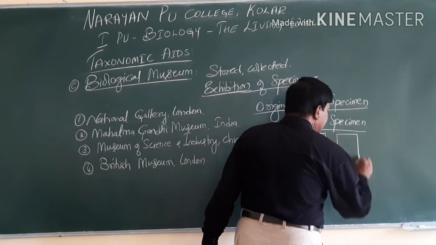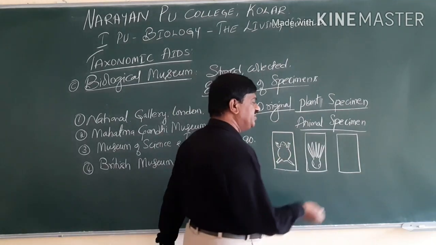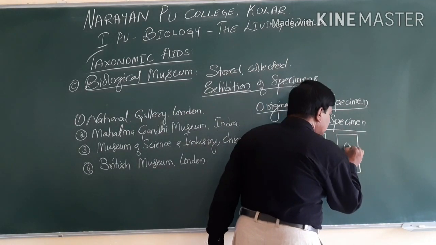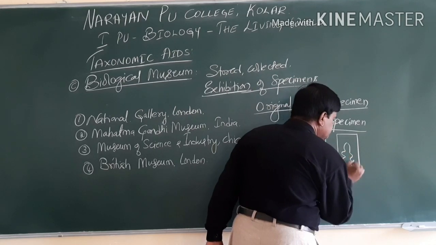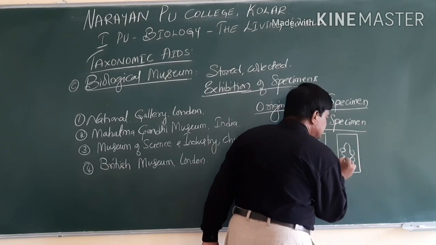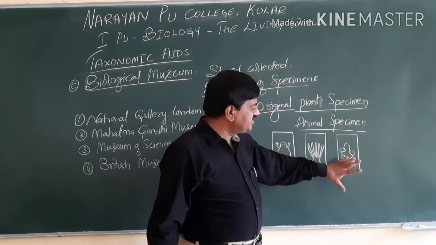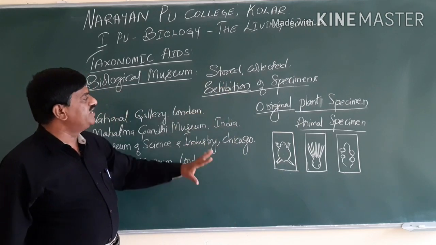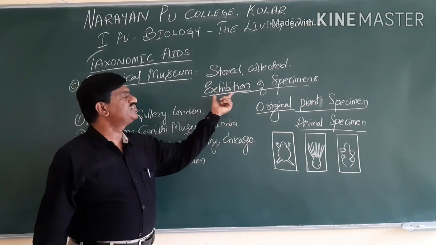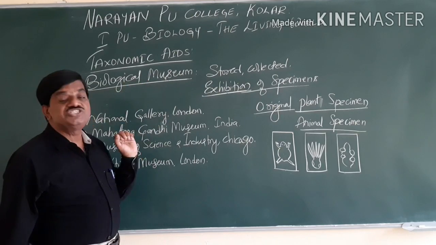Or cycas leaf twigs can be placed, or the cycas male cone and female cone. This is the cycas female cone, with megasporophylls. Once it is kept, it is easy to study and easily identified, and it is also used for exhibitions. So this is called a biological museum.